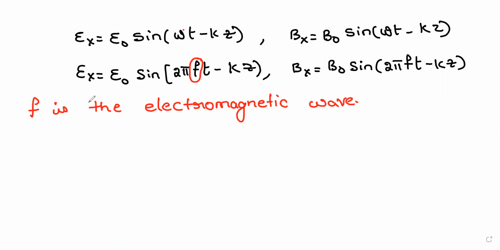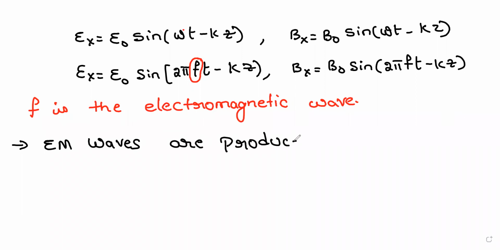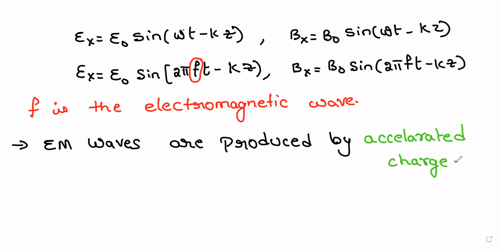So how are electromagnetic waves produced? Electromagnetic waves are produced by accelerated charges, or by oscillating charges, and accelerating charges and oscillating charges are the same.